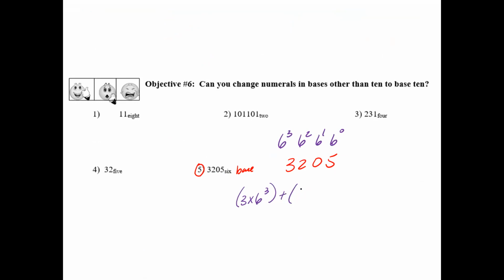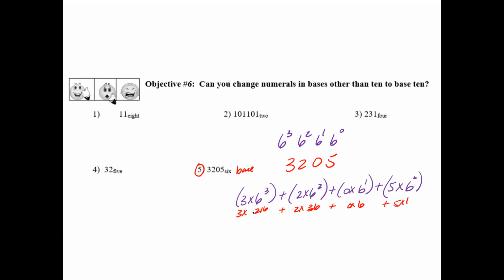So 2 times 6 squared, 0 times 6 to the 1, and 5 times 6 to the 0 power. Then make sure you multiply it out. 6 to the third is 216, then 36, 6, and 1, with the digits 3, 2, 0, 5.